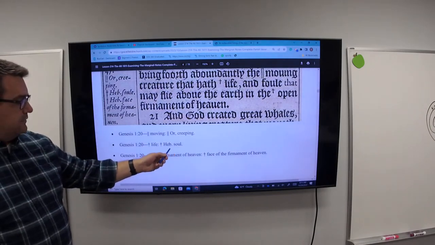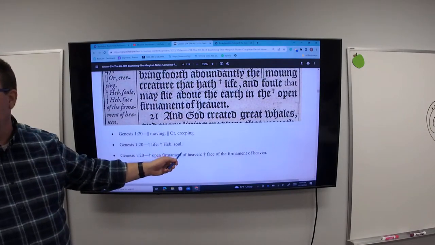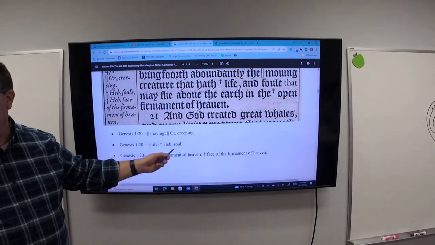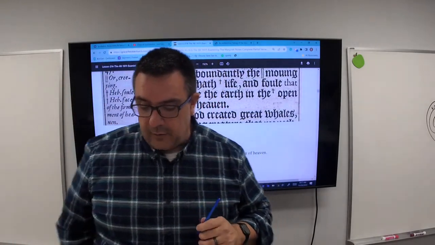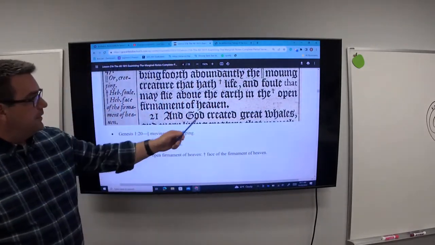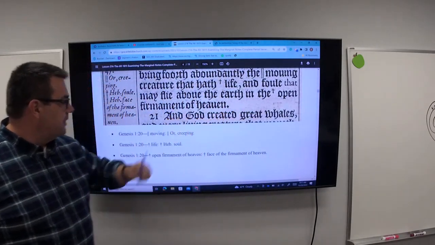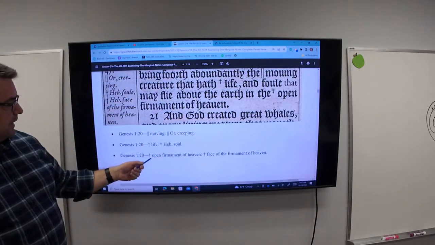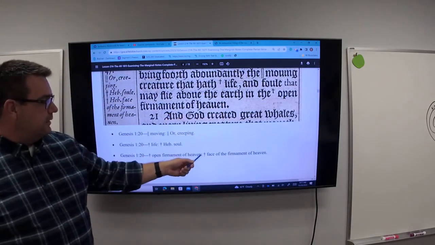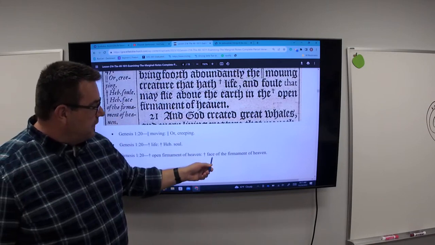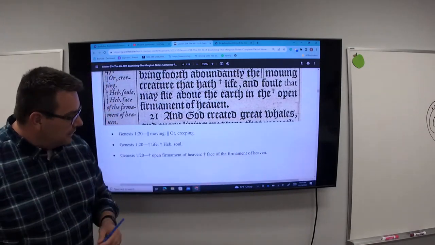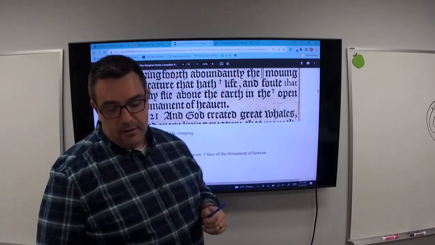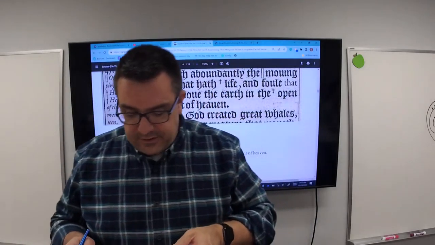So they're saying soul is a more literal Hebrew translation than life. Okay? And then you have the second one on open firmament right here. Here's the second dagger, open firmament of the heaven. The dagger says open firmament of heaven, and then in the margin they have face of the firmament of heaven. So that's a more literal Hebrew rendering than what is in the text.